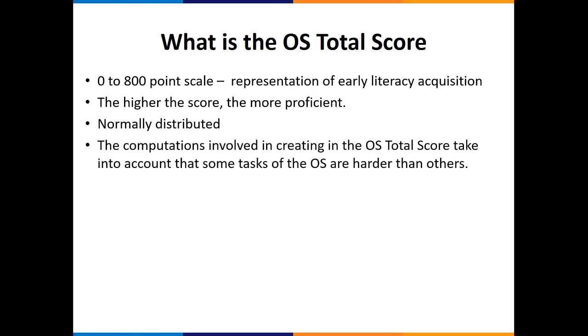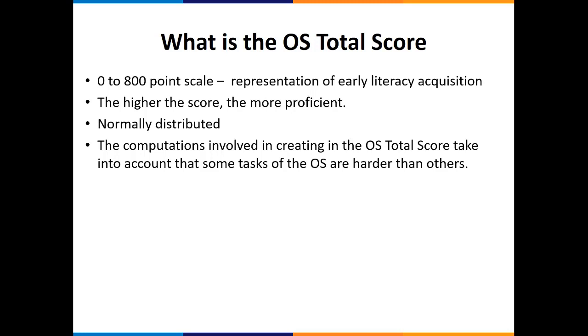The other thing is that when the OS Total Score was computed and created, the computations involved take into account that certain tasks of the observation survey are harder than others. For example, letter identification is a fairly easy task for kids. They tend to score pretty high. Writing vocabulary, it's possible for kids to have a large writing vocabulary.